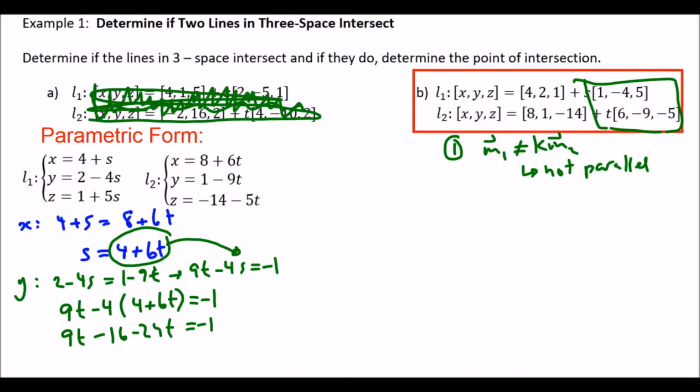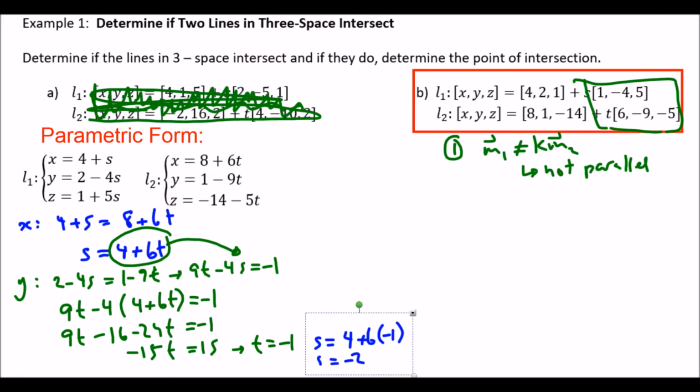And we're going to get on this side 15, on this side I get negative 15t. So here I can see t is equal to negative 1. Alright, and now I also know from my equation from x, I can solve for s. So s is equal to 4 plus 6 times negative 1. So s is equal to negative 2.